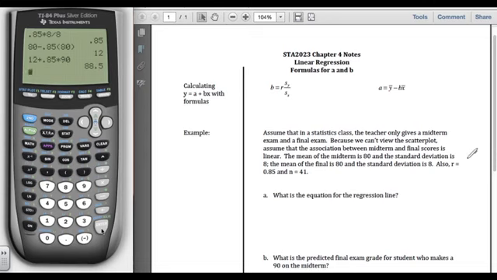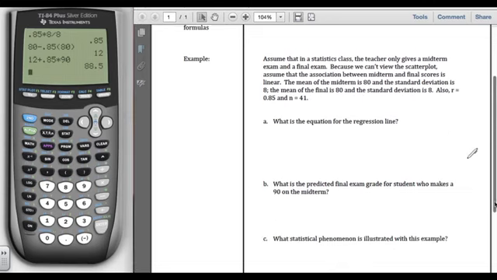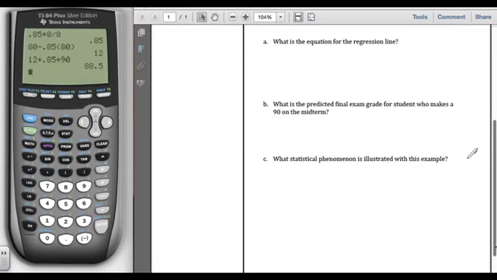So if we have somebody who makes a 90 on the midterm, the predicted final, it's not 100% guaranteed, that's an 88.5. Now, note the person made a 90 on the midterm, and we didn't predict a 90 on the final. We predicted a little bit lower.